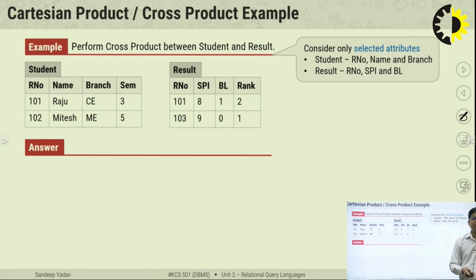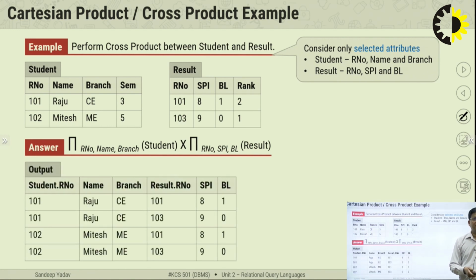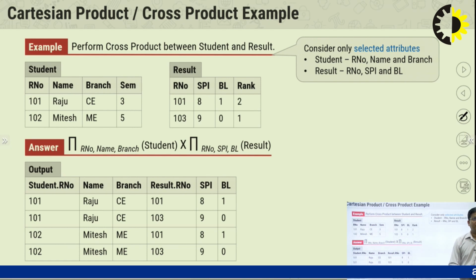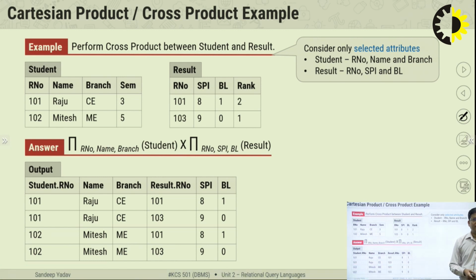So what will be the answer? First we have to specify the attributes: pi roll number, comma name, comma branch that belong to the relation student, then the Cartesian product, followed by the project operation. Which attributes do we have to show?